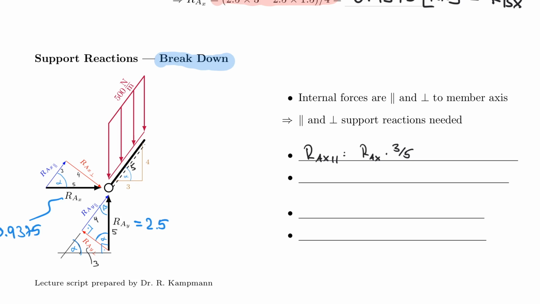To no surprise, it's the quite opposite for RAX perpendicular. So therefore I have RAX times 4 divided by 5. And I can now calculate my final results here. I have to plug in RAX, which is 0.9375. And so I get 0.5625. And I get 0.75. And both of those are in kilonewton.